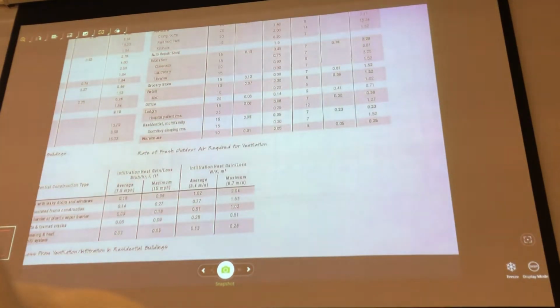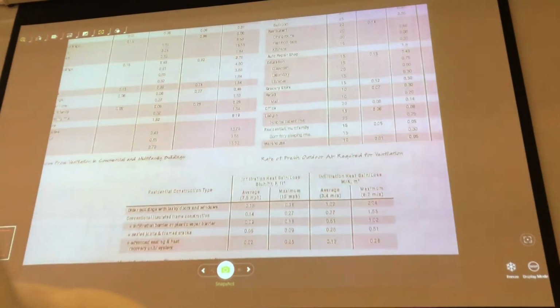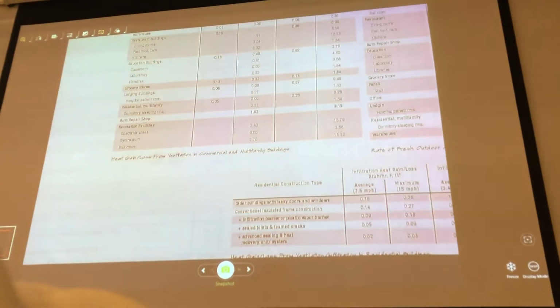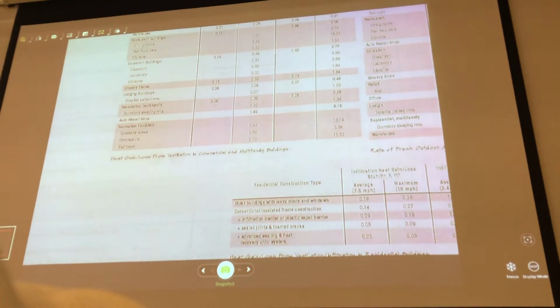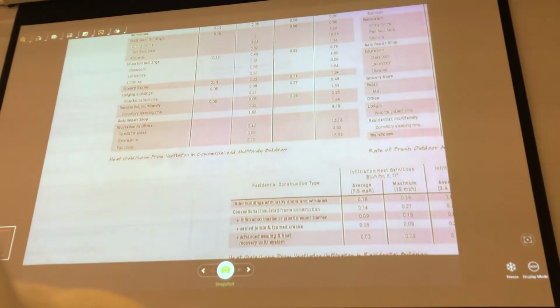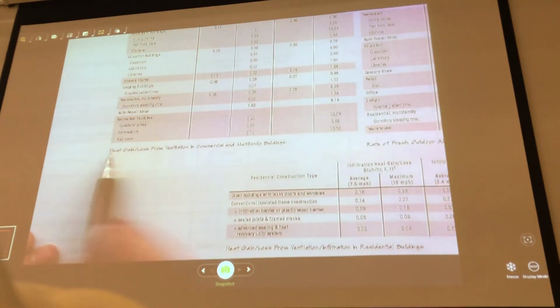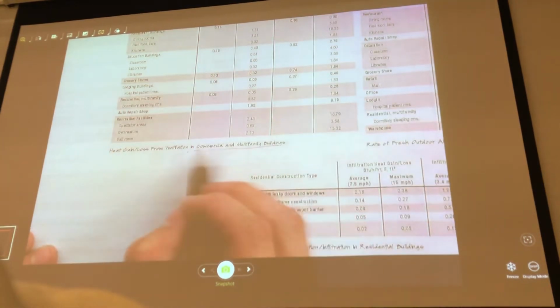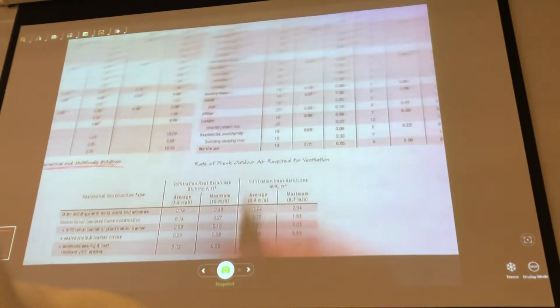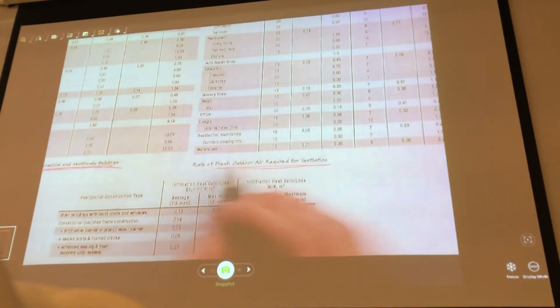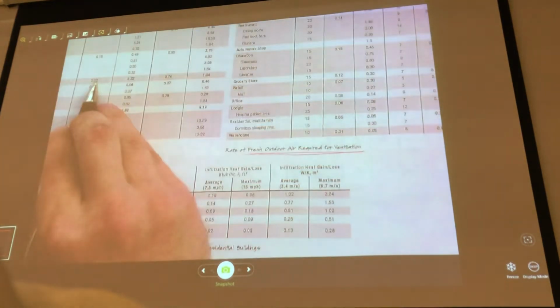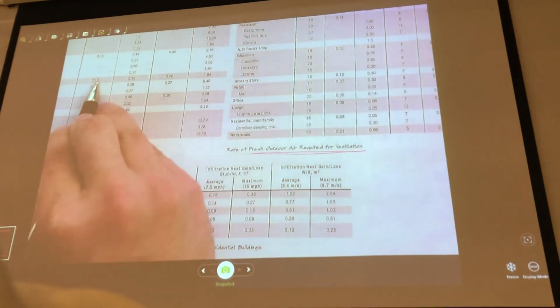Next, I need to figure out what's my infiltration or ventilation going to be. And it all depends on what kind of building I'm doing. Now, obviously, for the purposes of this exercise, we're only going to be using one of these tables. I wanted to give you all of the tables just in case you come across a different scenario where you're not doing just a residence. We've got the ventilation in commercial and multifamily buildings. We've got the actual fresh outdoor air required for ventilation, which we use to help calculate how much heat flow is coming through our ventilation.